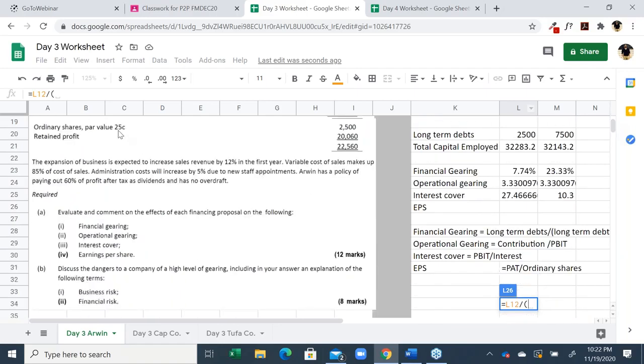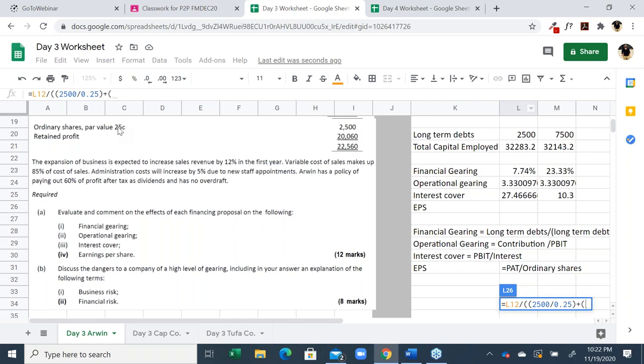Yeah, here we go. The par value of share is 25 cents and we have total par value of 2500. So we need to divide 2500 by 0.25. So the total number of shares will be 10,000. So let me do it for you so that the examiner knows how we have calculated this figure. 2500 divided by 0.25. And we have to add the new capital in it.